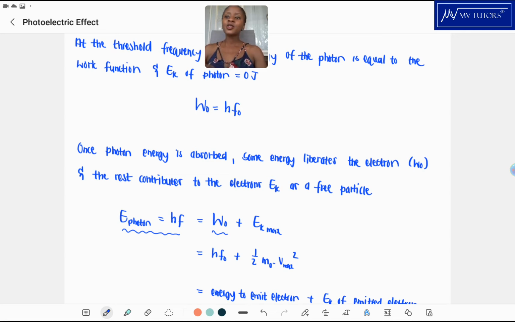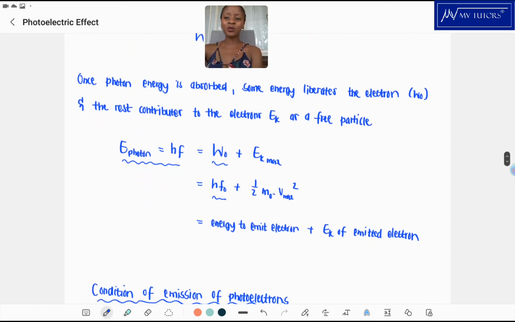So we have defined the work function as Planck's constant times the threshold or cut-off frequency, and we know that kinetic energy is equal to half m v squared. So m would be the mass of the electron, which is provided for you in the formula sheet, and v is the maximum velocity. Again, when you have the energy of the photon, you need the energy to emit the electron as well as the energy to get those electrons moving.